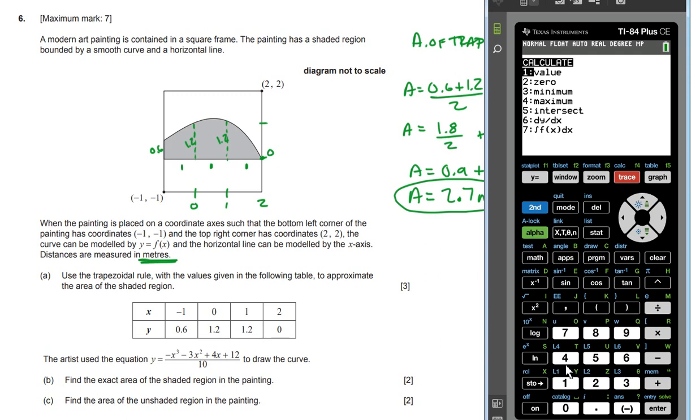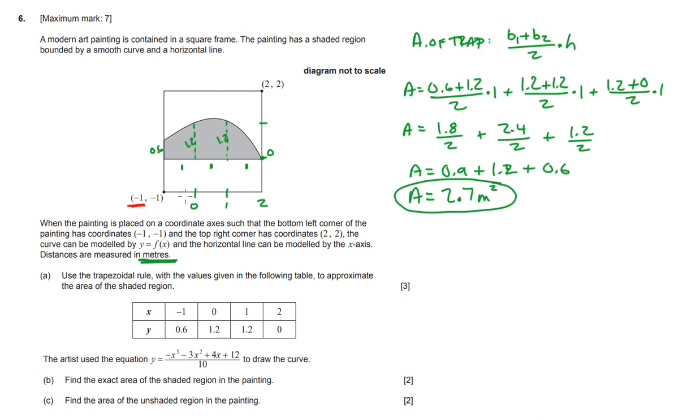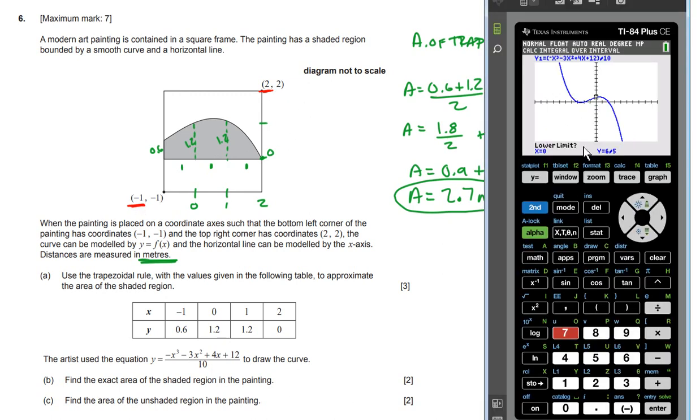Okay, so we're going to head down to number 7. Okay, and then it's going to say lower limit. Our lower limit is -1, and our upper limit is going to be +2. So on this here, lower limit, you simply just enter in -1, and then it says upper limit, and then we will put 2, and then you push enter, and voila, it's going to actually go through and shade in all this piece here, which is basically a really small version of this, but it's the exact same thing here.